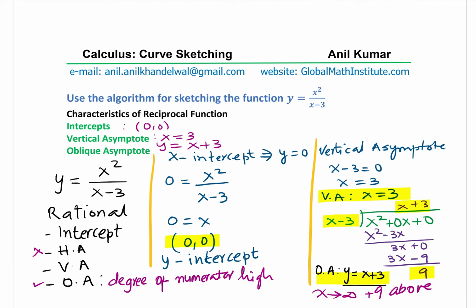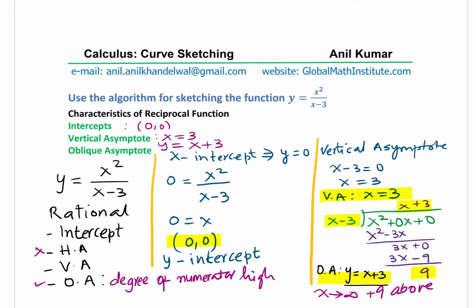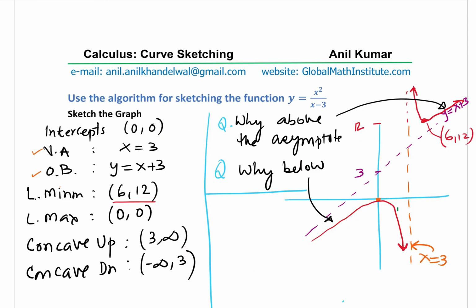So let us see how we interpret this. So let's get back to our function where we have drawn the graph. We are saying we have x squared over x minus 3. We got oblique asymptote, which is x plus 3, plus we had a remainder 9 divided by x minus 3, correct? That was the status.